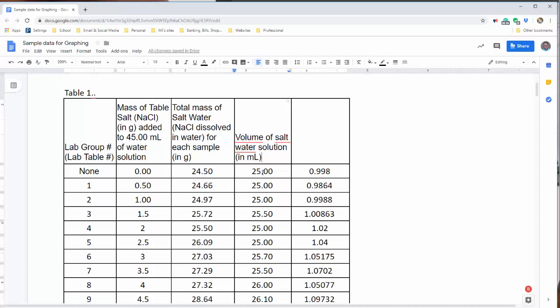Most base units in the metric system, if the unit of measurement is not named for someone, it's a lowercase letter. So that would be a lowercase l, because liters aren't named for a person.